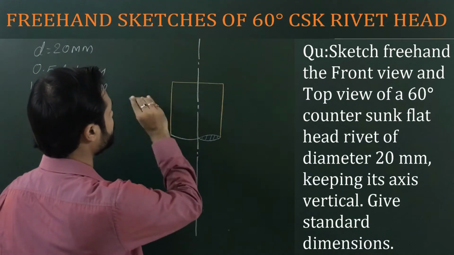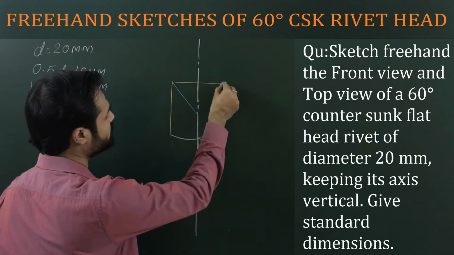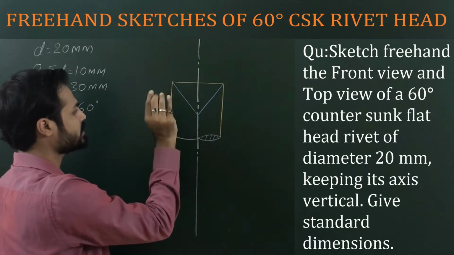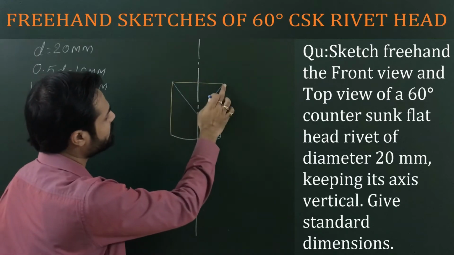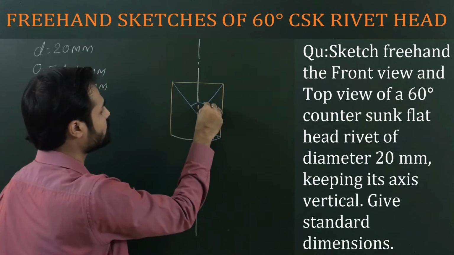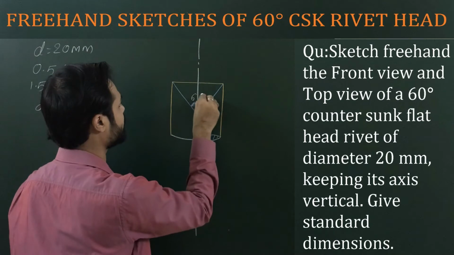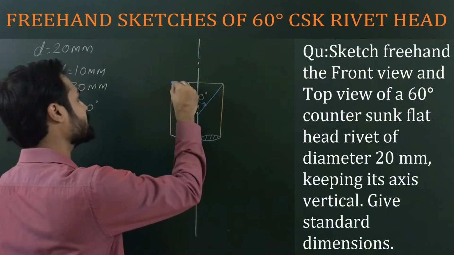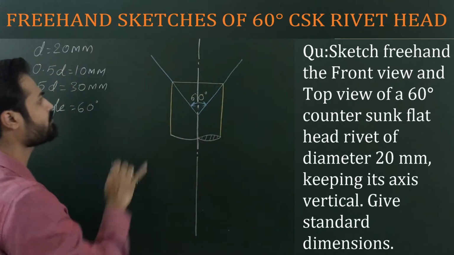So from this point draw a line at an angle of 60. Again from this point draw a line at an angle of 60, or simply draw a regular triangle of size D, and this central angle for countersunk is 60. Then extend them like this.